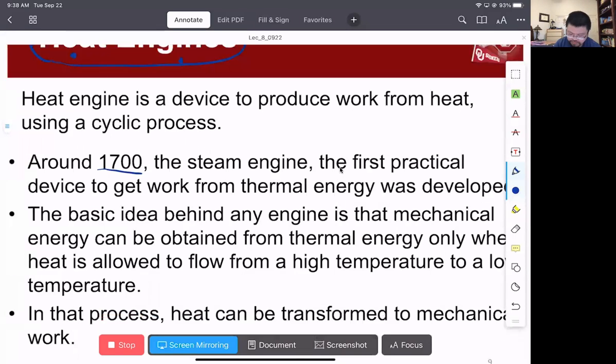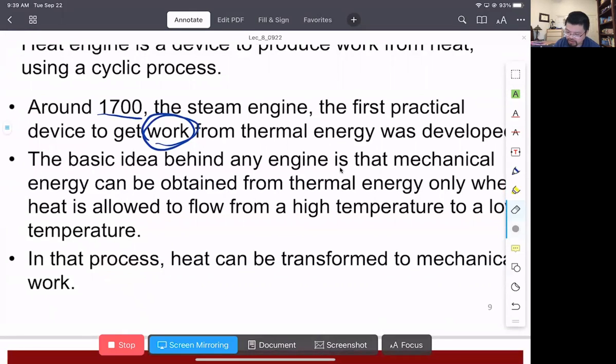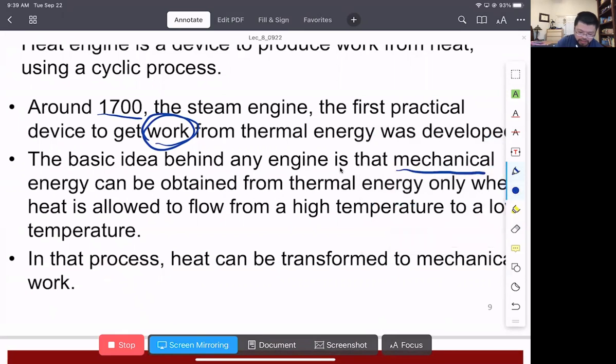So this was indeed the first practical device to receive some work from thermal energy by burning, for example, coal. Nowadays we are using oil in order to receive the work. And the basic idea of the heat engine is that we are going to obtain the mechanical energy, or in a way work.